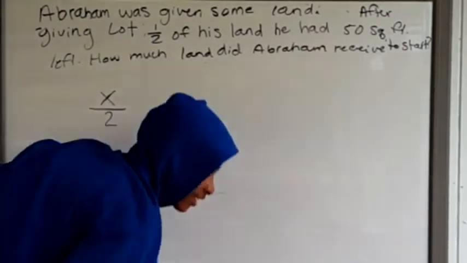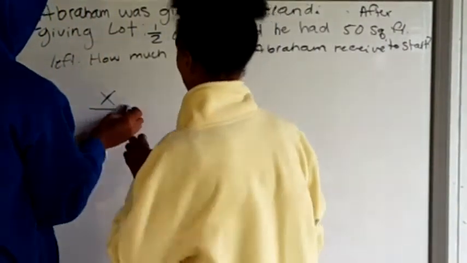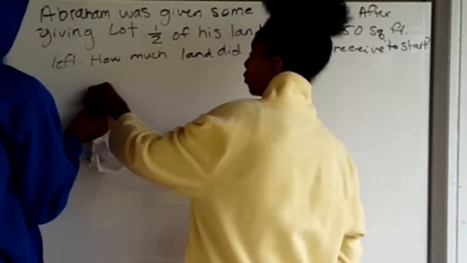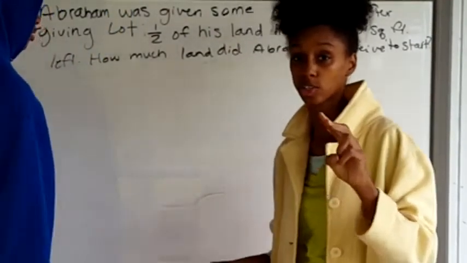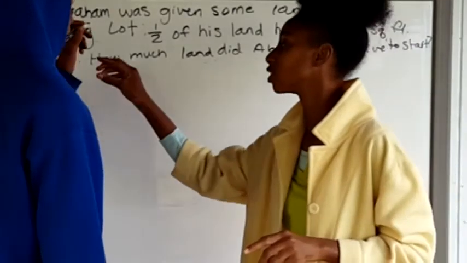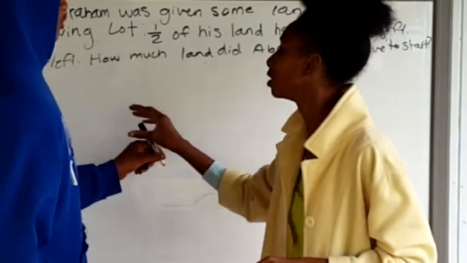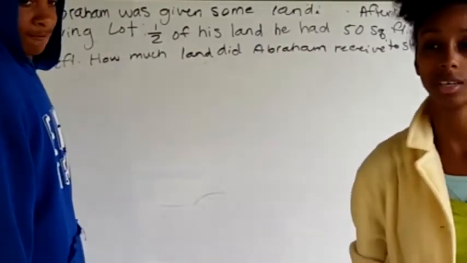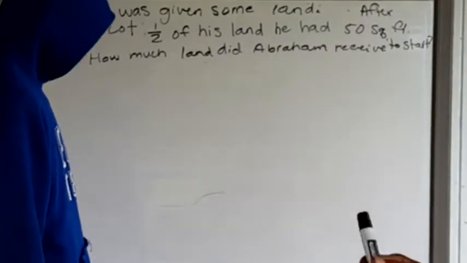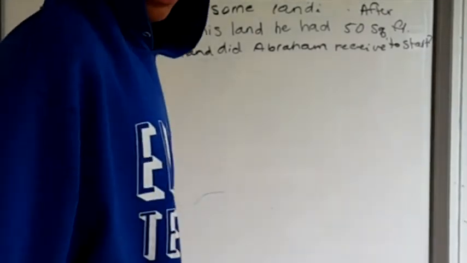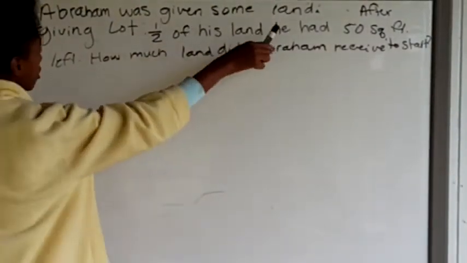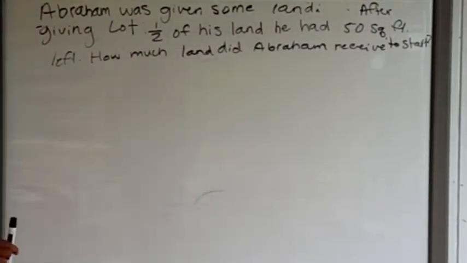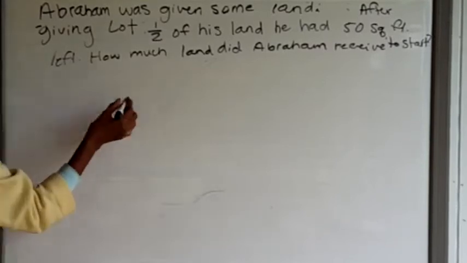All right, I'm gonna do this one. Okay, so y'all remember that problem yesterday? I'm gonna try to fix it in the video. Remember that problem we messed up on yesterday when we had 2 x's? I messed up because I didn't multiply by 4 on both sides, but we did work it out and write it out correctly. So this is another one like that. It says Abraham was given some land.